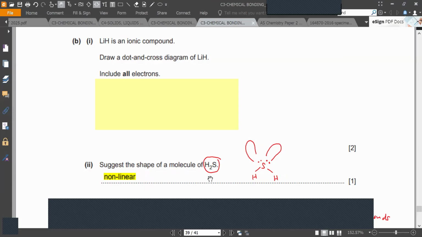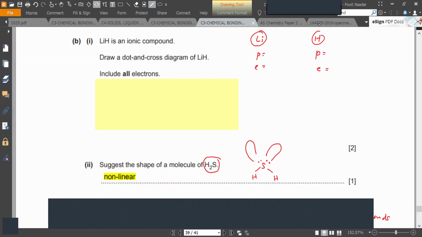Next, draw a dot and cross diagram of lithium hydride. To draw this, we need to know at first how many protons and how many electrons each has.